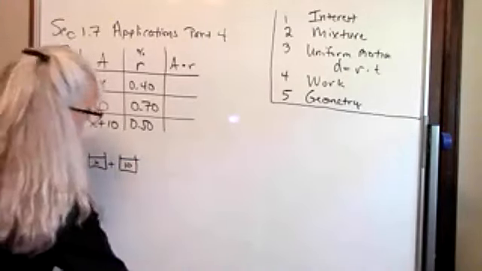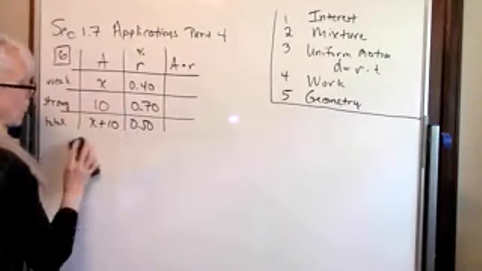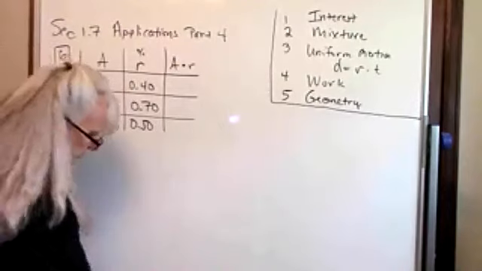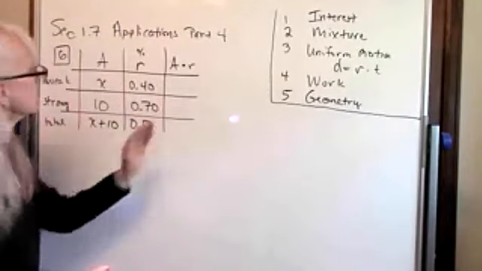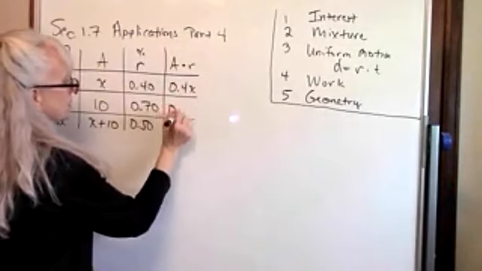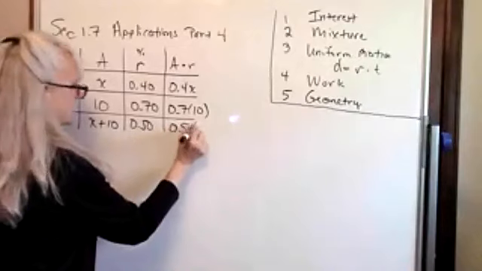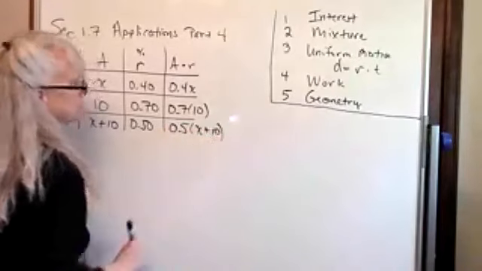It's different. Before we had the total and we had to do a subtraction up here. Well, this time we don't have the total, we can do the addition. We know to multiply across in this chart, so this is going to be 0.4x. This is going to be 0.7 times that 10, and this will be 0.5 times (x plus 10).